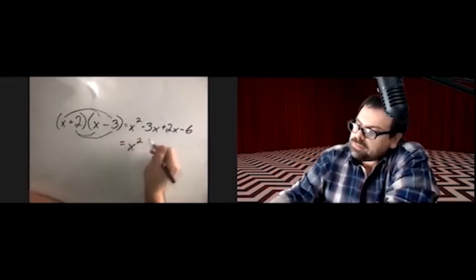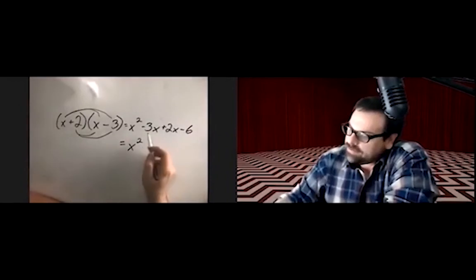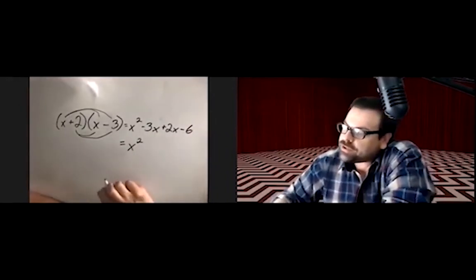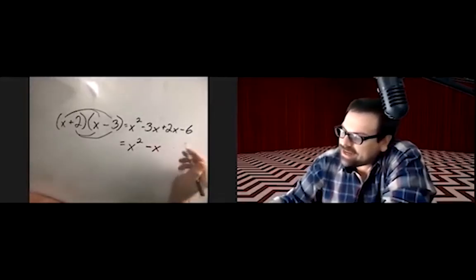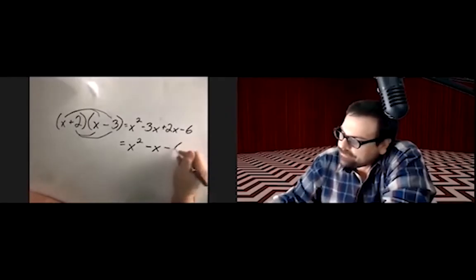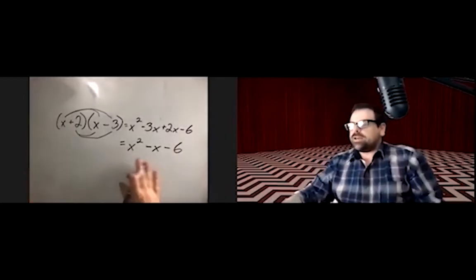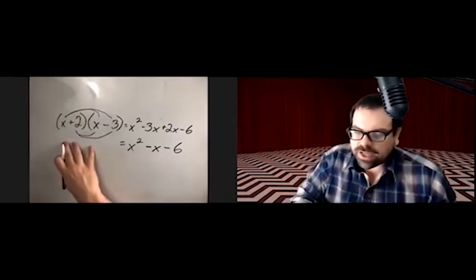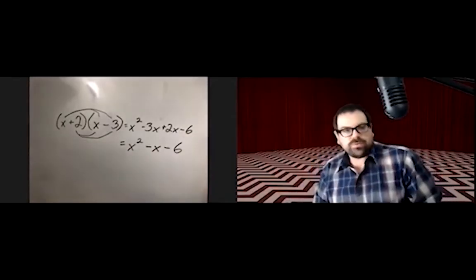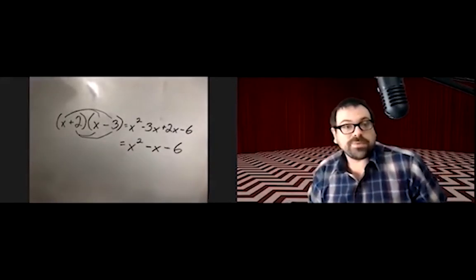Combine like terms. Negative 3x plus 2x would be negative 1x. We just write that as negative x minus 6. So x squared minus x minus 6 is what we get when we multiply x plus 2 times x minus 3.